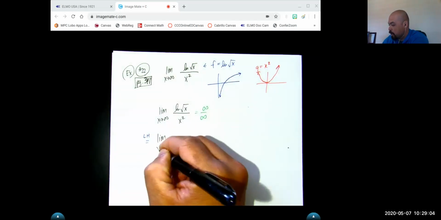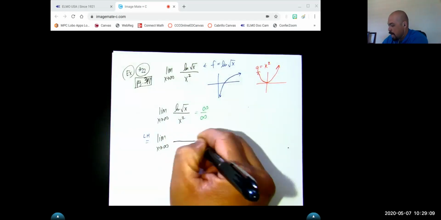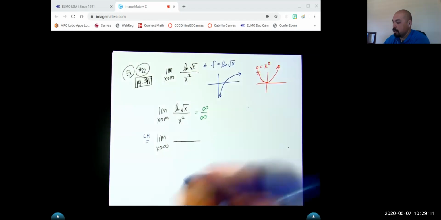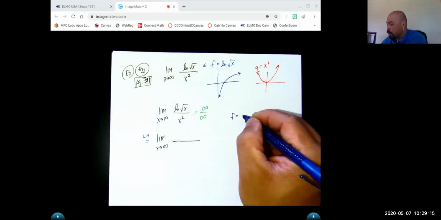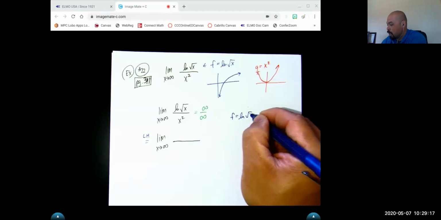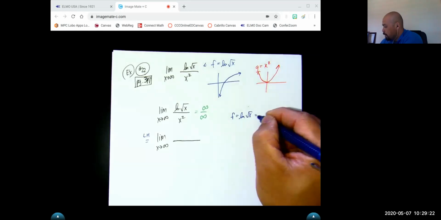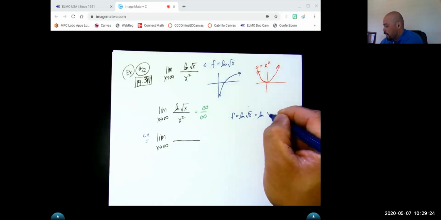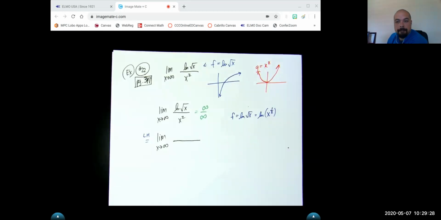That's going to be equivalent to taking this limit as x goes to infinity, and now we have to take the ratio of those derivatives. Over here, my function f, the numerator, is the natural log of the square root of x, which is the natural log of x to the 1/2 power. Let me know if that's too small to read.